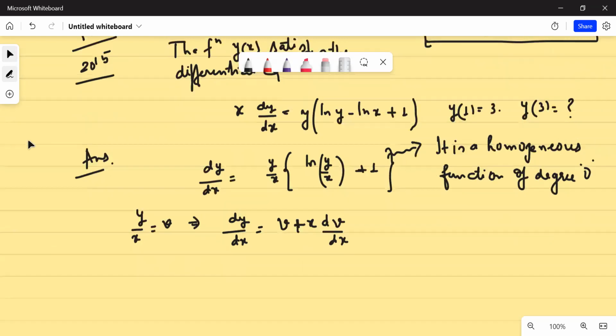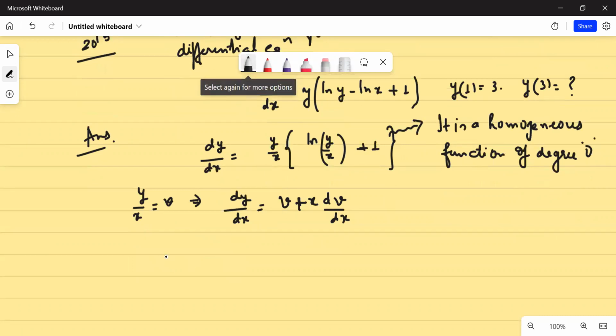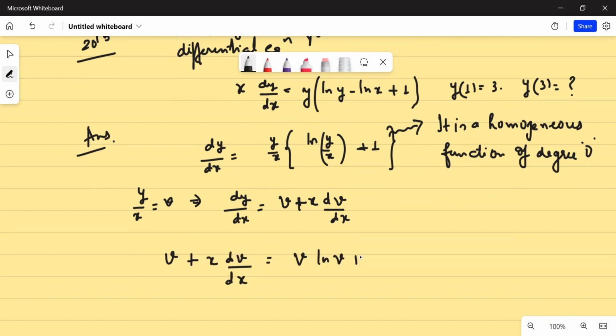So what I can do, I'll replace on the left hand side this particular thing, that is v plus x dv by dx, and this will be v times ln v plus v again here. So v gets cancelled, and this is now in variable separable form.